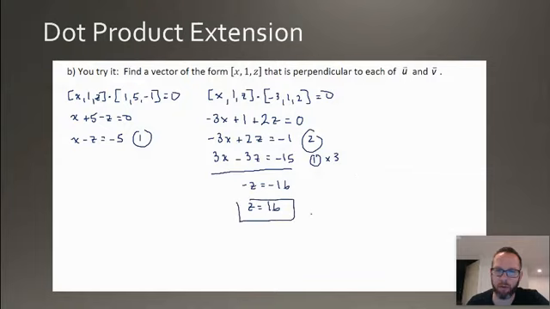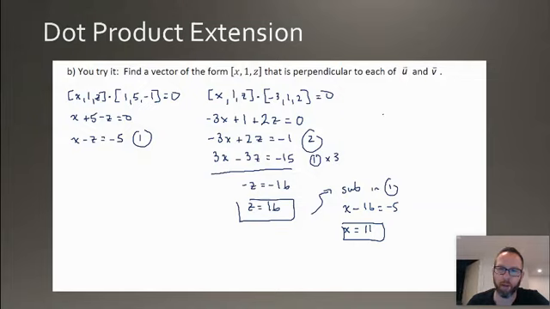If we substitute that into equation 1, we get x minus 16 equals negative 5. That would mean x is 11. And our vector here that's perpendicular to both is 11, 1, 16.